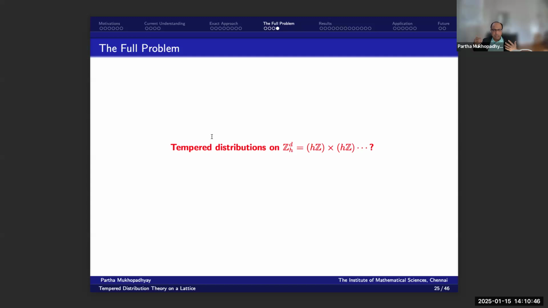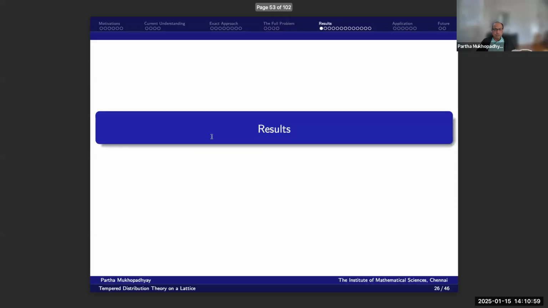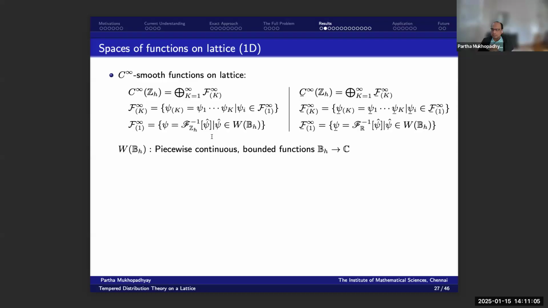Given a lattice function, I have to find in a unique manner the corresponding continuum function. And I'm not going to go into the detail of the argument, how one fixes that unique continuum function. So let me go to the results, because the results are good. It is enough to look at the results.